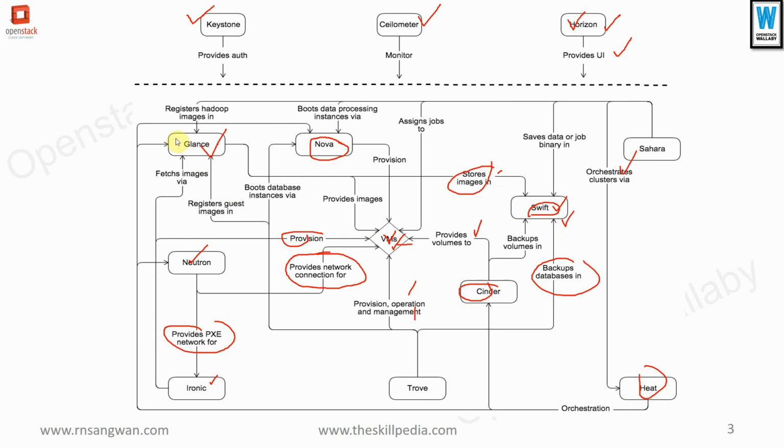So Glance is the image service, Neutron is the networking service, Nova is the compute engine. A virtual machine is what we want ultimately. Images are stored in object storage. Backup volumes are created again in object storage. Cinder handles the block storage, the volumes for your machines. So these are the various components or services of OpenStack.